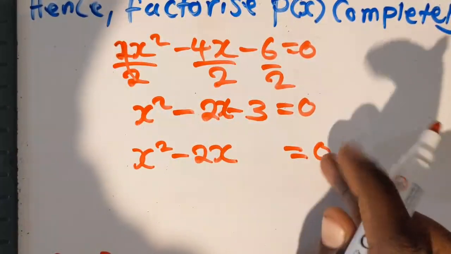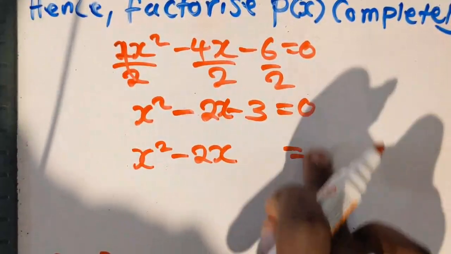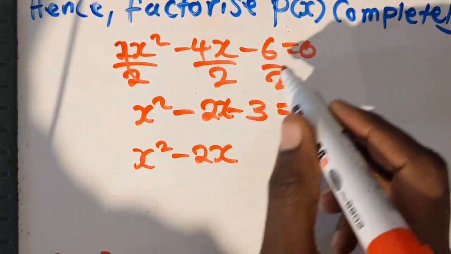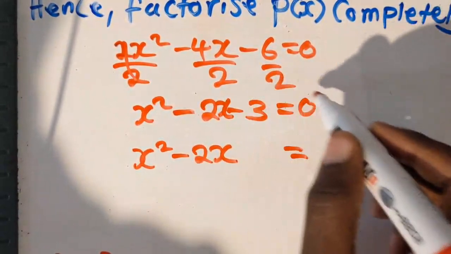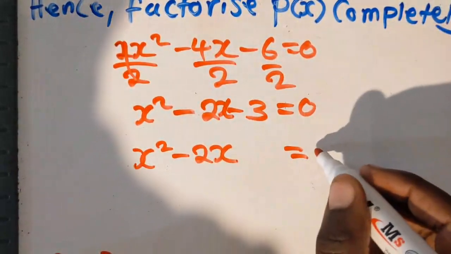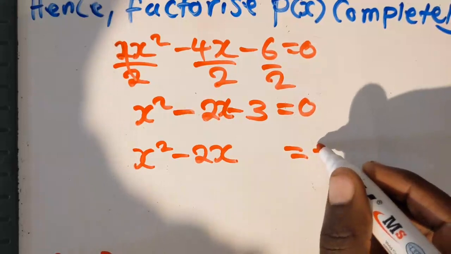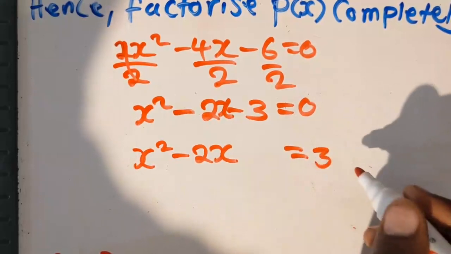The negative 3 moves to the other side and becomes positive 3.